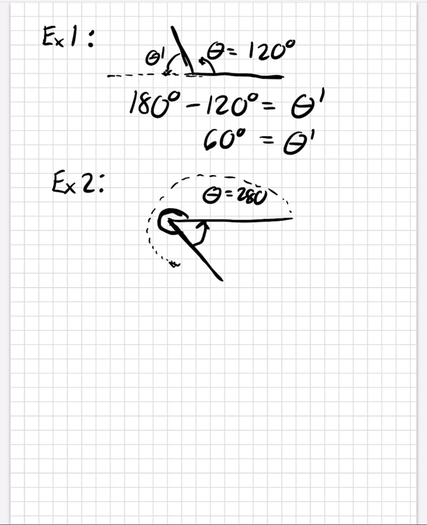Now we want to find the smaller acute angle, theta prime. Here, to go full circle, it would be 360 degrees. So 360 degrees minus our measure of theta of 280 degrees will give us theta prime, and of course that is 80 degrees. So it would take 80 degrees to move this line back to the horizontal axis. So we always want to be moving as close as possible to the horizontal axis, and so your options are going to be 180 degrees or 360 degrees.